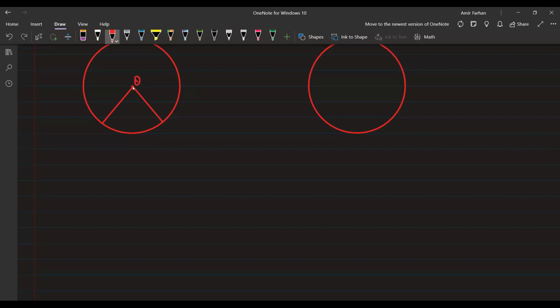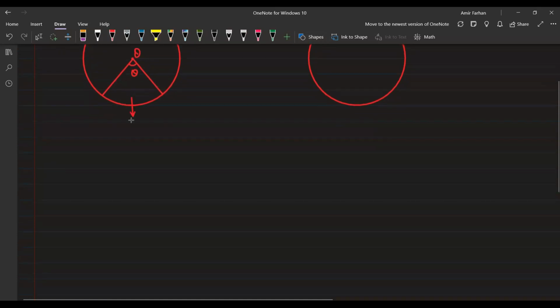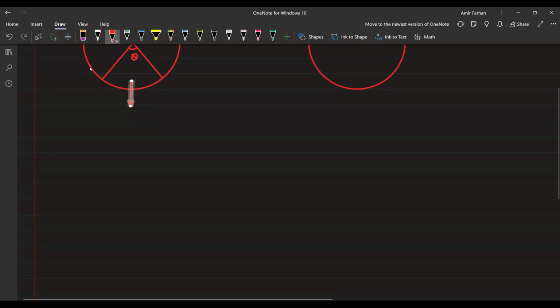As you can see, when there are two lines, they make an angle with the center. This is the angle, theta. This smaller part is like a piece of cake, the way pastries are cut. This is called the minor sector, when two radii divide the circle.